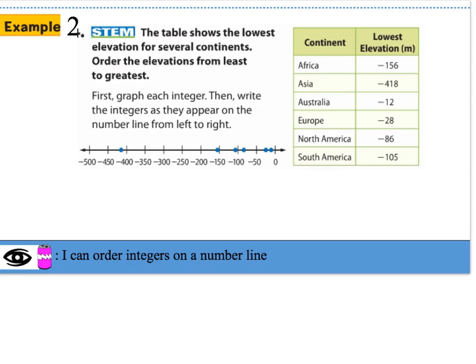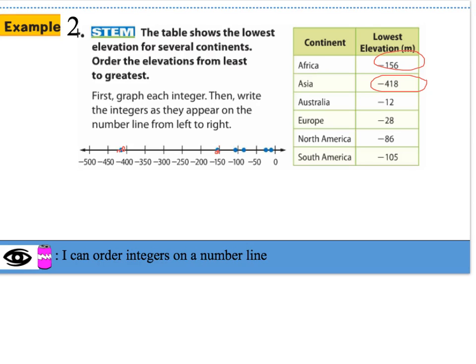Africa has negative 156. And if you graph it, it's between negative 200 and negative 150, as you can see here. Asia would be negative 418, and on the way left-hand side, you see that Asia is between negative 450 to negative 400.